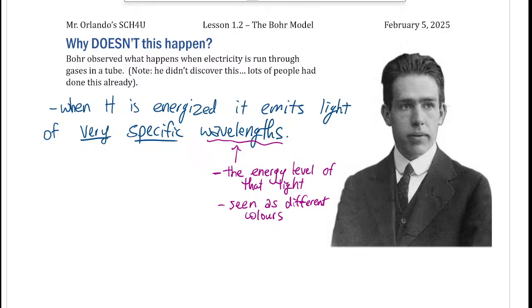But what is actually happening is that it is emitting electromagnetic radiation of specific energy levels, and we see that as color. And so the light is made by electrons changing orbits.